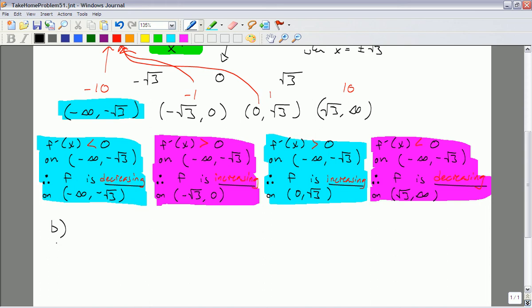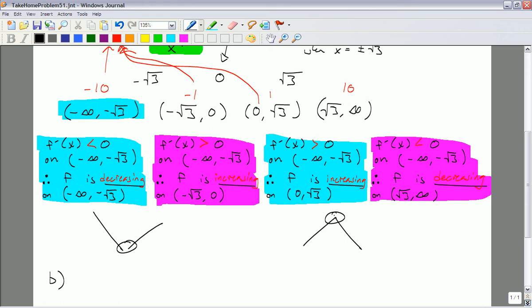I notice my function starts out decreasing on this blue interval, and then on the next purple it goes to increasing, and on the next blue it goes to increasing, and on the next purple it goes to decreasing. So we've formed a relative minimum here and a relative maximum here.